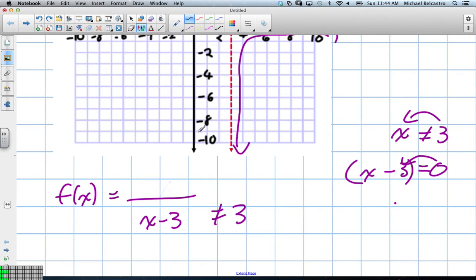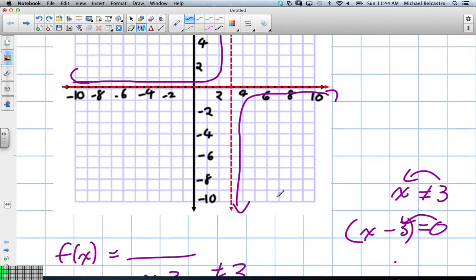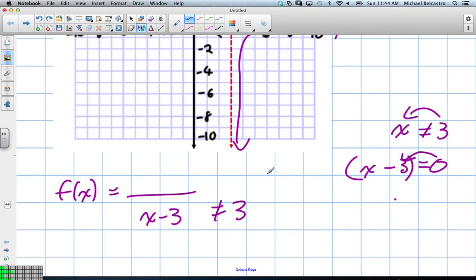In other words, they've given us the form at the top, ax plus b over cx plus d, right? In this case, we called the c just a value of 1, and the d negative 3. Here we need the a to be 0, and we can call our b any term because they didn't really give us a requirement, so we'll just call it a simple term of 1.